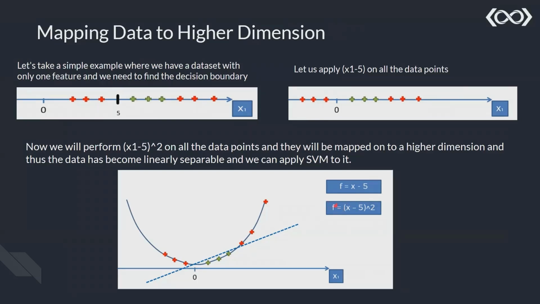Let's say I'm taking this particular green feature, it has some x value, let's say it's 6. So 6 minus 5 is 1, whole squared is 1, so the y value will be 1.